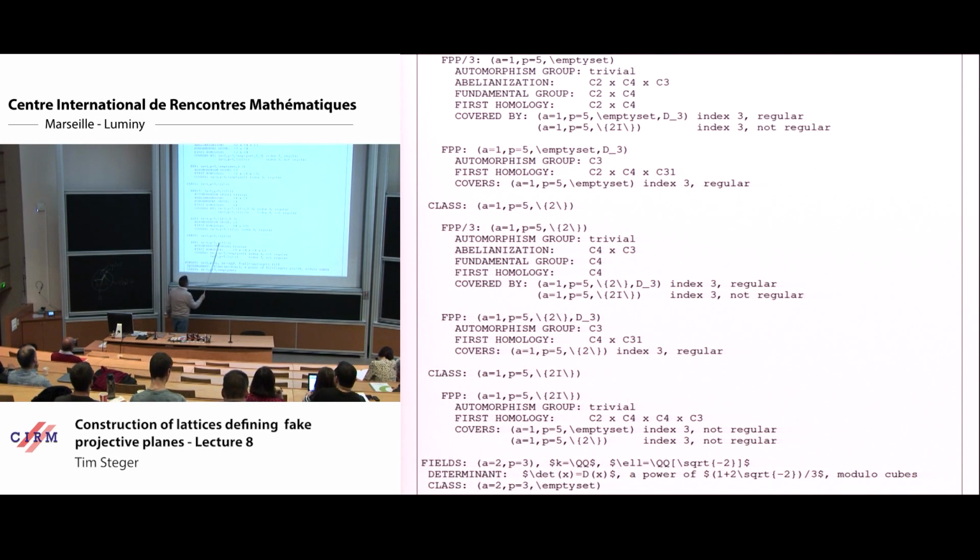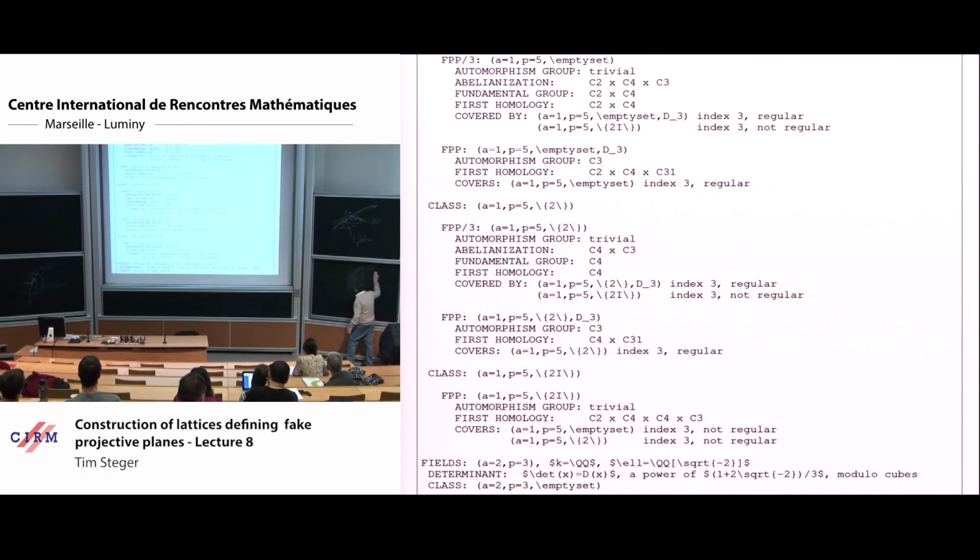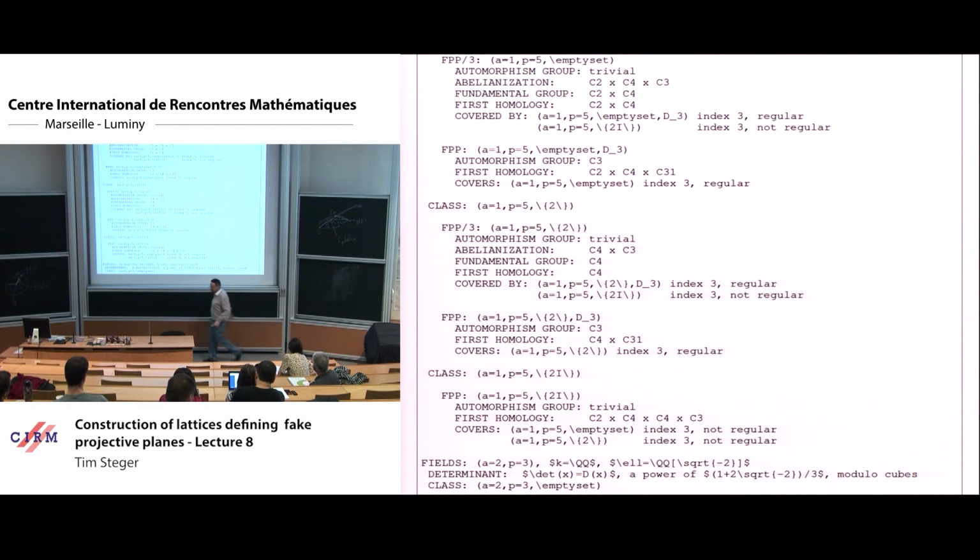Now, here we have a different sort of thing in the third place. Recall that the third place is telling me which parahorics we're using, and to make this easy to remember, I will draw a picture.